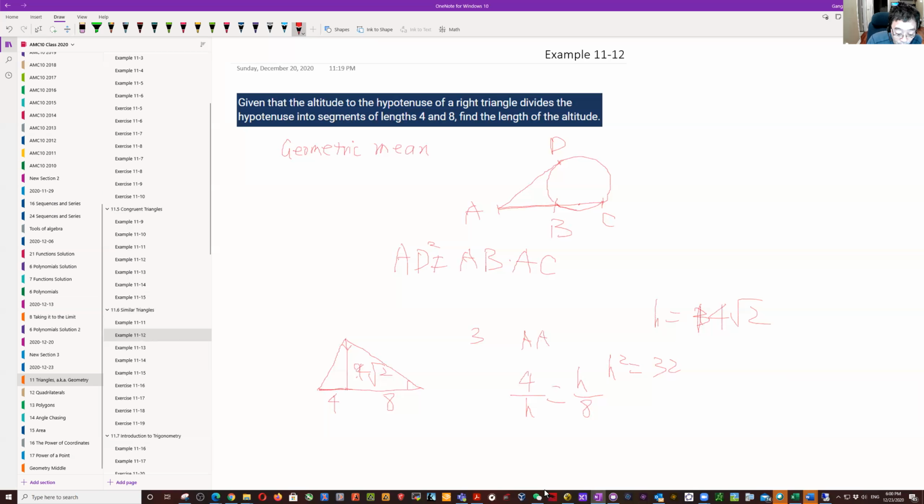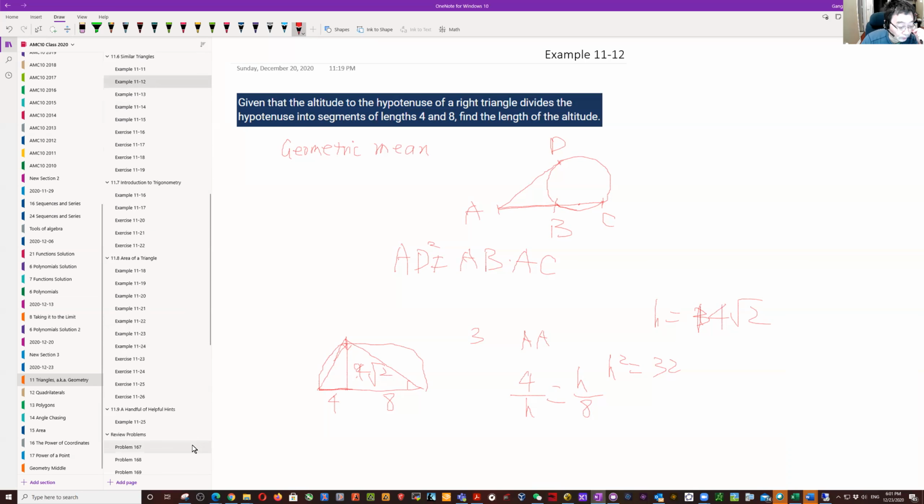For example, if you draw those two lines, then draw a half circle, then draw a height where you hit the half circle, it's going to be the right triangle. That height is the geometric mean of those two line segments. So that's the fun part.